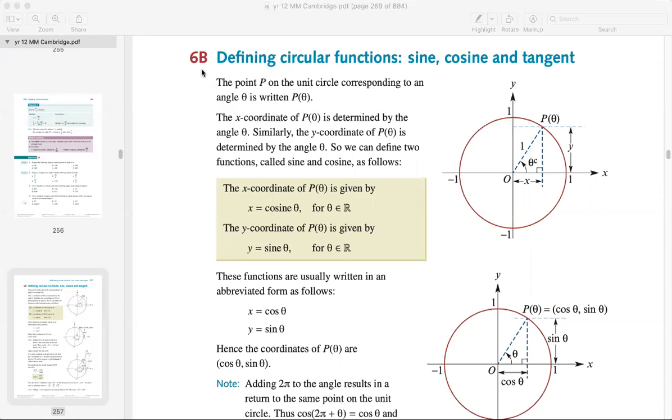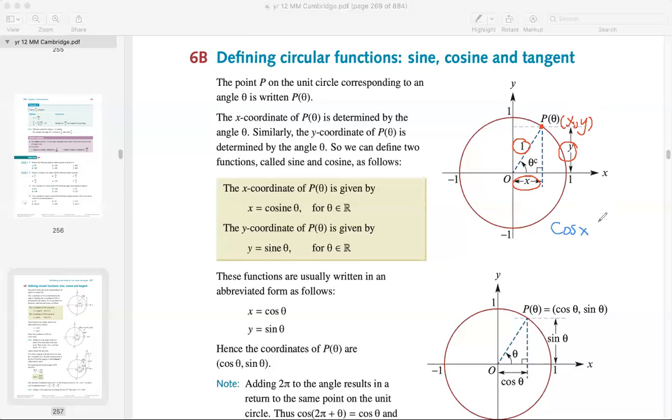Let's see how it is determined. First, we draw a unit circle, which means the radius is 1, and there's a moving point P, randomly placed over here. P has an x coordinate and a y coordinate.